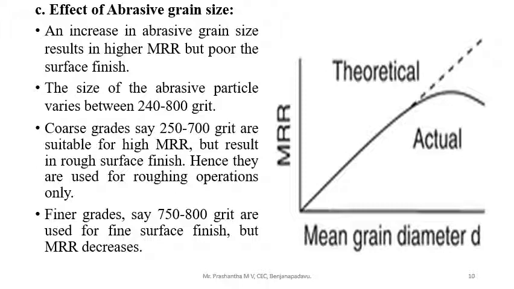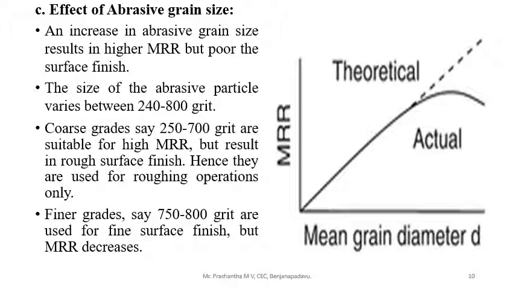The size of the abrasive particle varies between 240 to 800 grit sizes. Coarse grains, say 250 to 700 grits, are suitable for high material removal rate but result in a rough surface finish, hence they are used for roughing operations only.